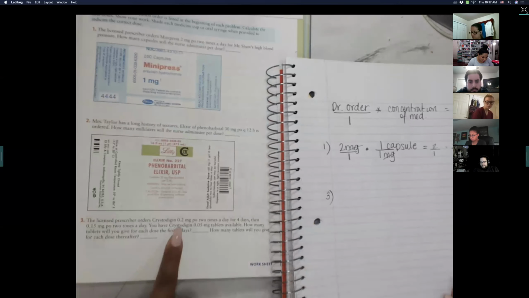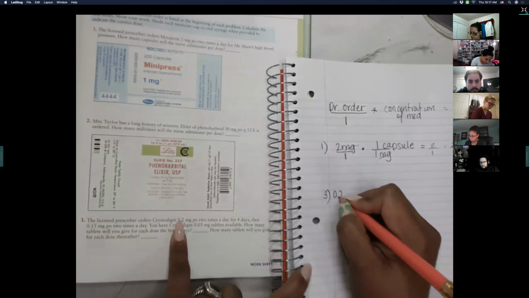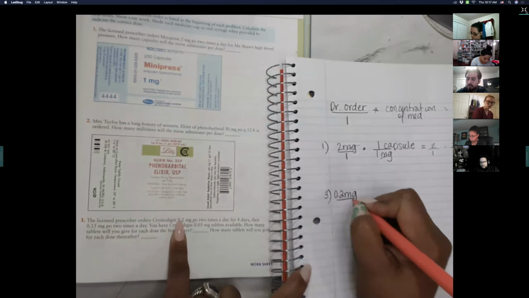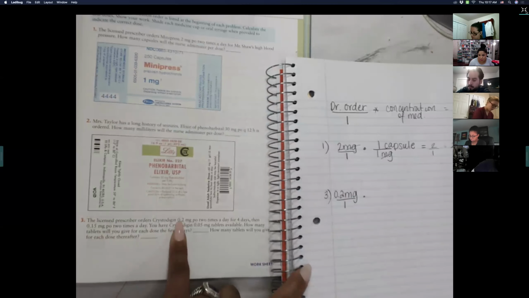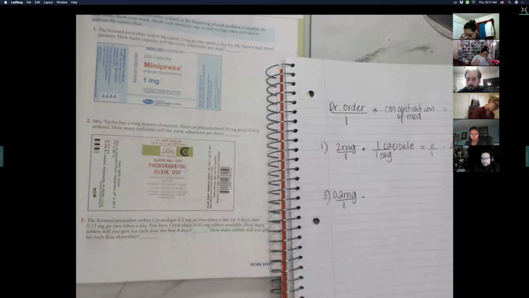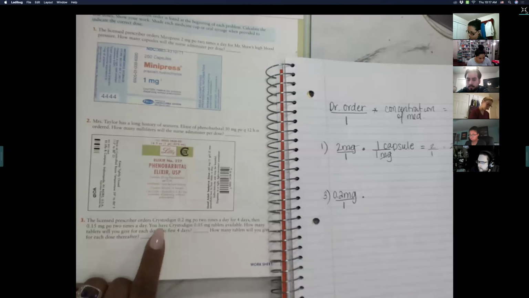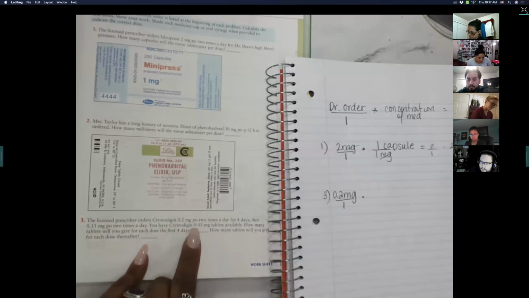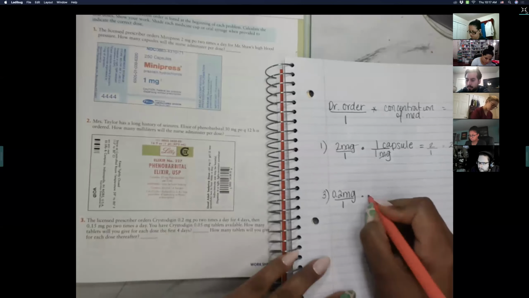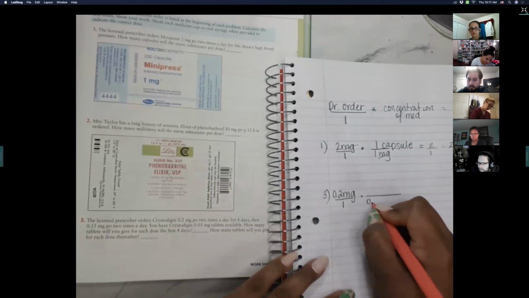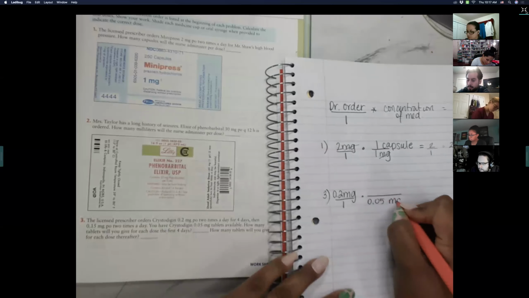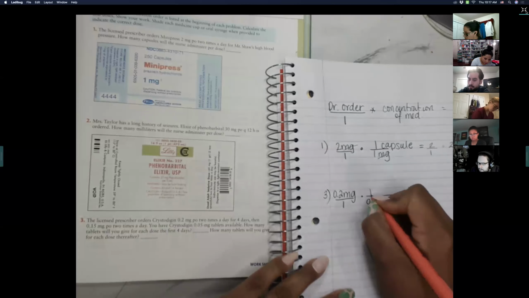So the licensed prescriber orders 0.2 milligrams, right? That's the doctor's order. He prescribed it. You're never going to get to change that. The medication is available as 0.05 milligrams per tablet. So you're going to write that as 0.05 milligrams per 1 tablet.